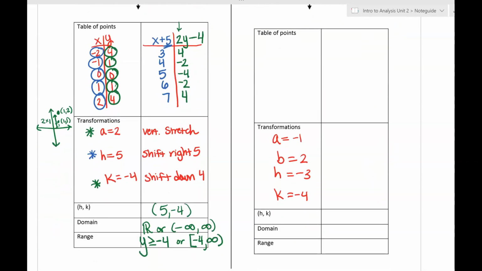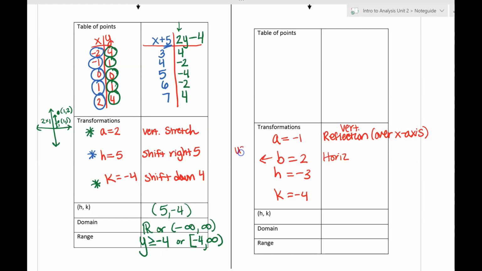So the a value being negative is a reflection, and that's a vertical reflection, or we would say it's a reflection where it flips over the x-axis from above the x-axis to below. That's a vertical change. The b value is 2, so this is either a horizontal stretch or a horizontal compression.